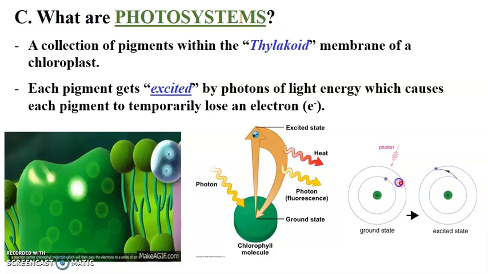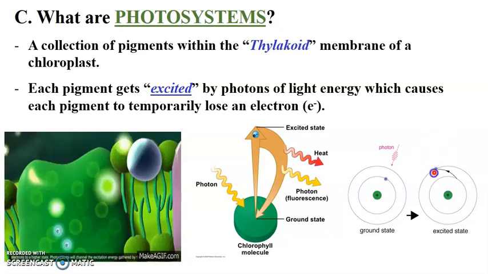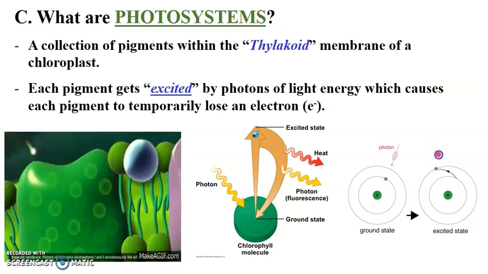When that electron bumps up to a higher energy level, as you can see in this diagram, it could then theoretically react with any other atoms or molecules that are nearby. So the excitement of one electron could end up interacting with and exciting another molecule right by it.